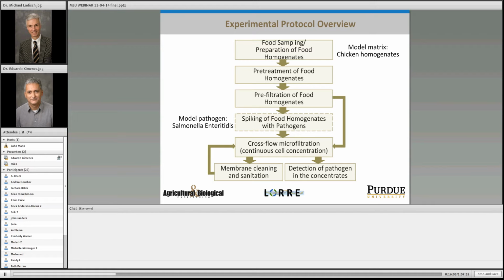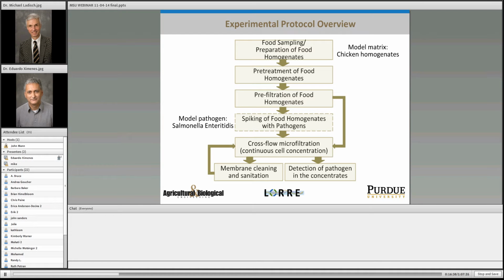So for food sampling, most often we stomach the samples, where we first mix the food with some solution, could be buffer, in a 1:9 ratio.